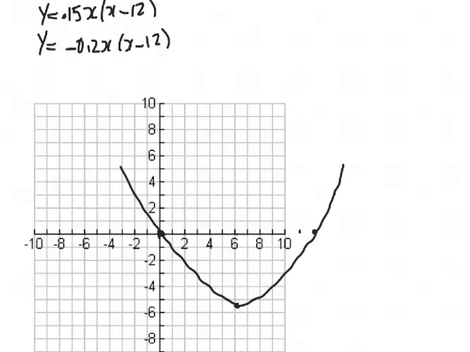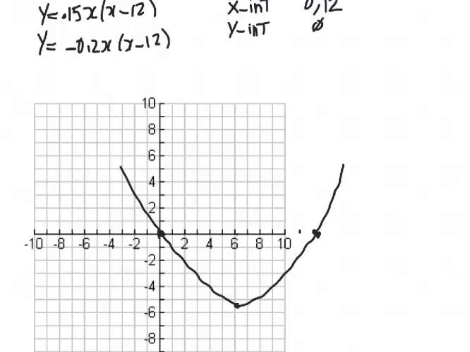So the x-intercepts are 0 and 12. So this means that it's going to be the same 2 points that we had before. Now the y-intercept, we put x equal to 0, you can see that y becomes 0. So the y-intercept is going to be exactly the same thing, 0.